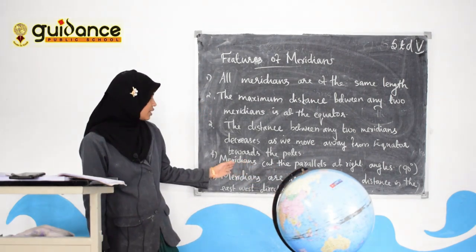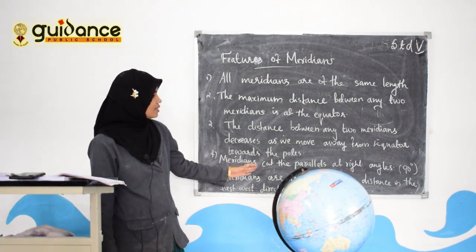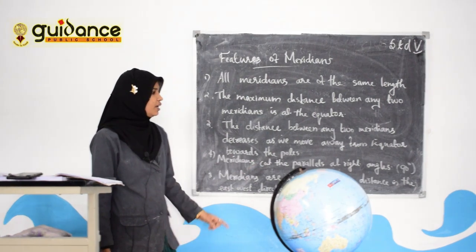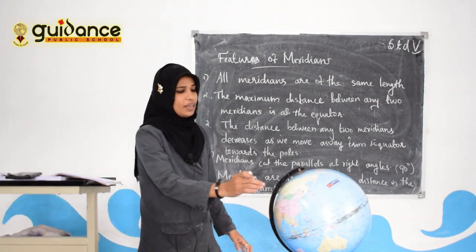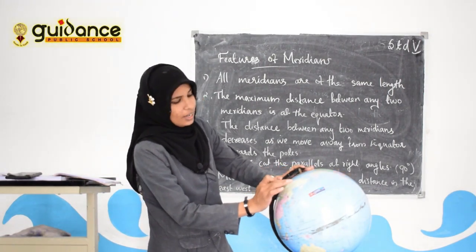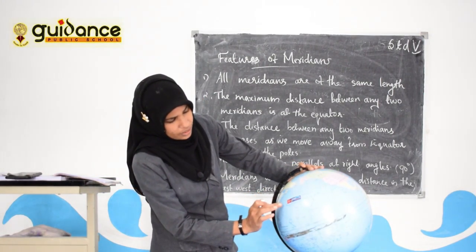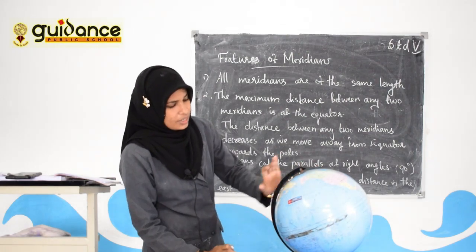And fourth point is, meridians cut the parallels at right angles, that is 90 degrees.